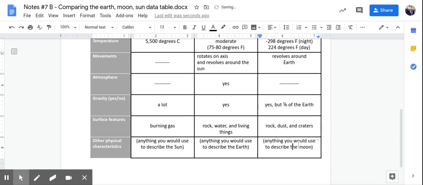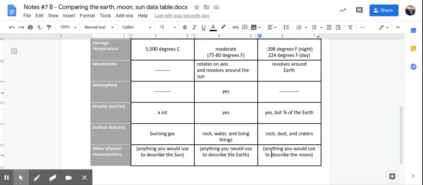So maybe you want to put that the Earth is the only planet known to have life on it. You could write that into the physical characteristics here. Maybe you want to put that the sun is what creates light for the entire solar system that we live in. You would write that in this box, etc. So anything you would use to describe these would be written in the physical characteristics box.